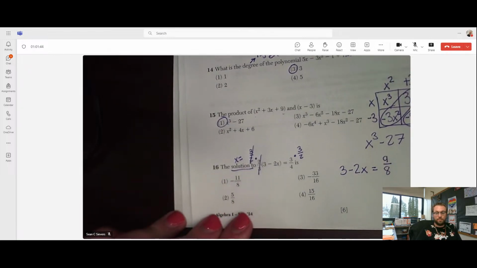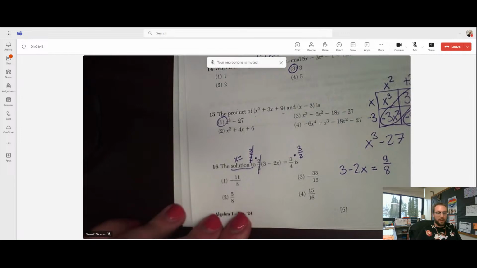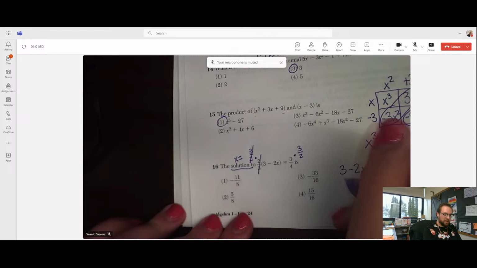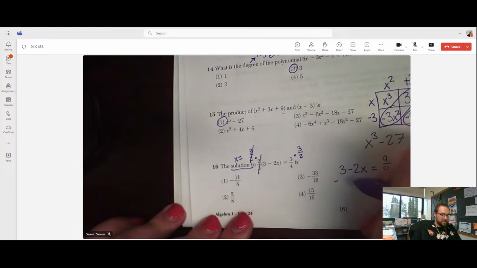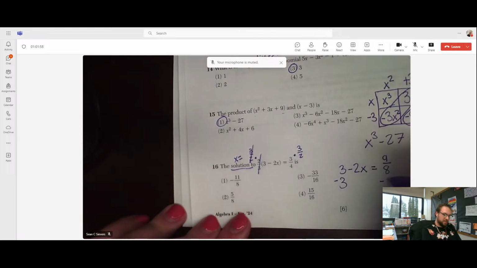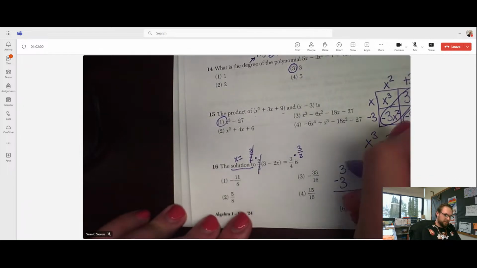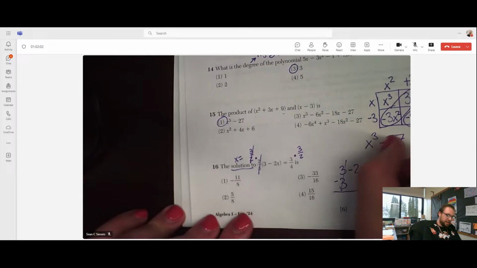At this point, you might be thinking, oh God, I don't know how to solve for x if I have a fraction. I'm going to start by doing the same thing I would normally do if this was a whole number. I'm going to subtract 3 from both sides. I'm going to rewrite negative 2x equals.